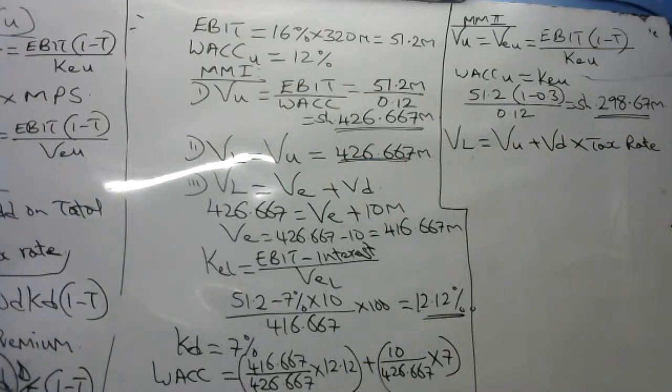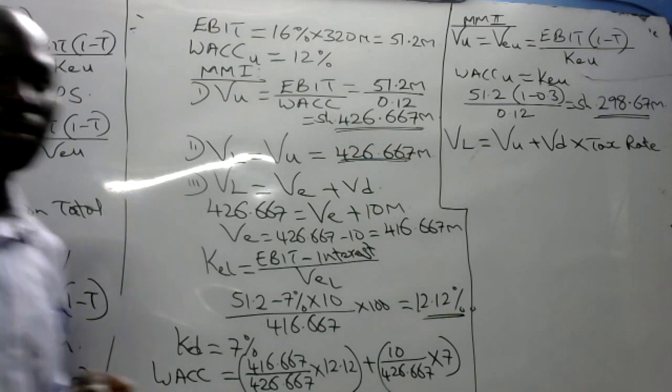Mistake number 1 that many students make is doing debt times 1 minus t. Kindly don't be like them. It is the debt times the tax rate, not after tax. So it is not debt times 1 minus t. It is debt times t. Tax on debt.